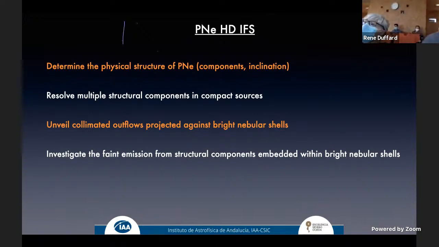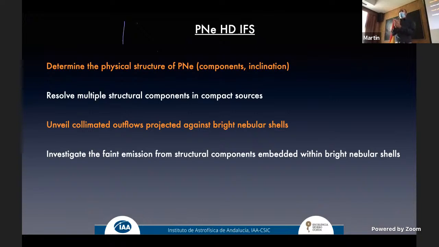Thank you very much. I just want to know what is the spatial resolution that you have in your images with MEGARA? Well, you know that the MEGARA field of view is small. It's something like 12 by 11 arc seconds. The spaxel size is 0.6, so it's going to be a convolution between the scene that you have and the size of the spaxel.